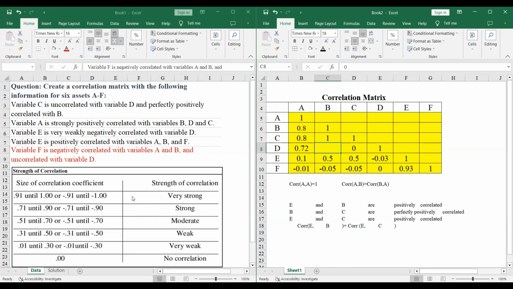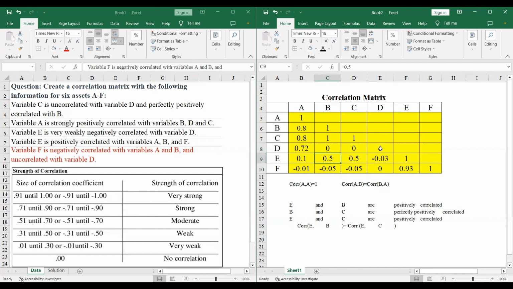There is no variable that connects B and D. Okay, so do we have any relation between D and C? What we have, variable C is uncorrelated with D. If variable C is uncorrelated with D, then variable B will be uncorrelated with D, and thus this will be 0.